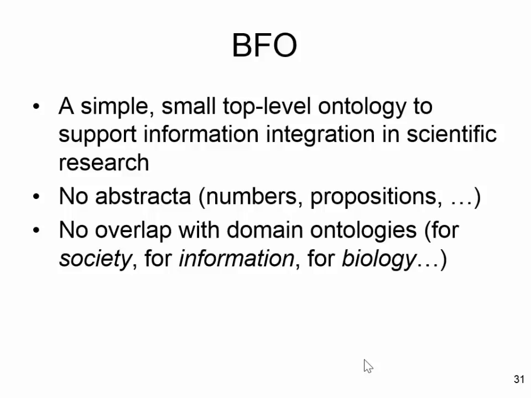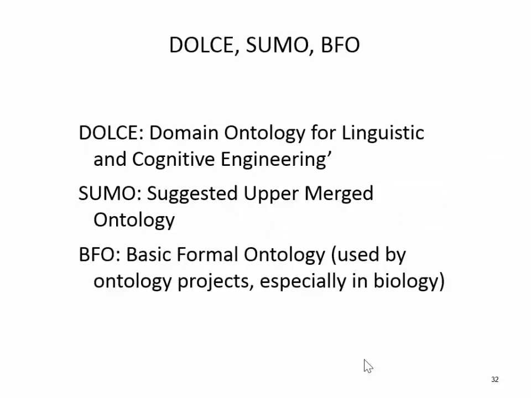Now, in this BFO is different from both Dolce and Sumo. These are the three most used upper-level ontologies. Dolce and Sumo are not domain neutral. Dolce contains a little bit of sociology, a little bit of anthropology, human beings, and so forth.